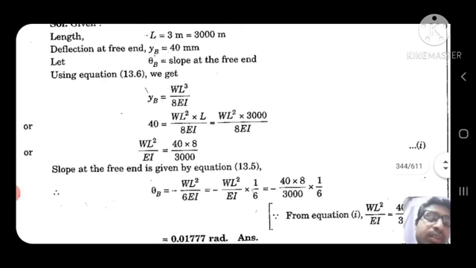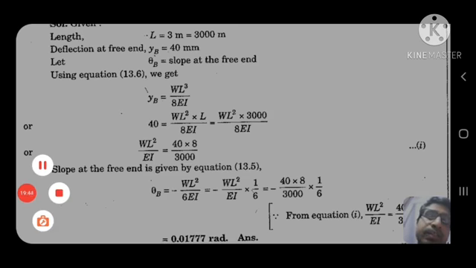So the answer will become 0.01777 radian. That is the slope at the free end.